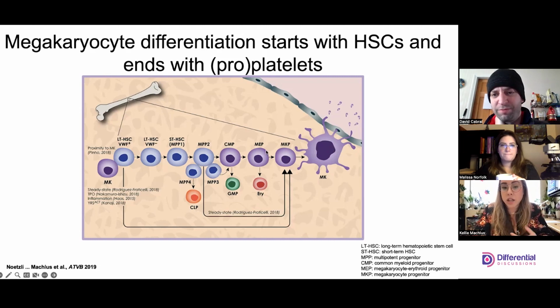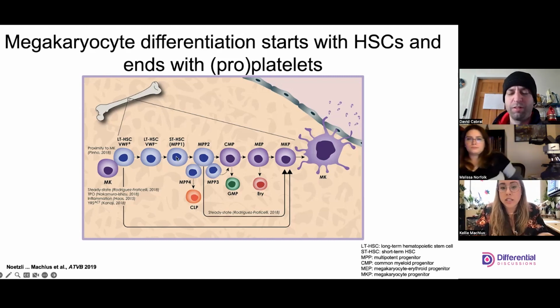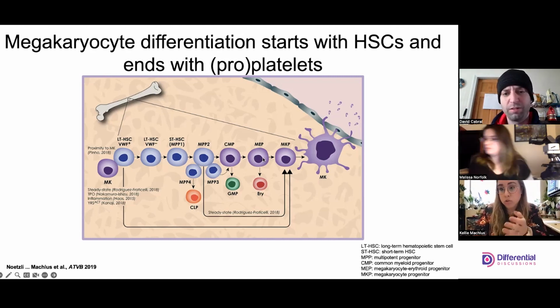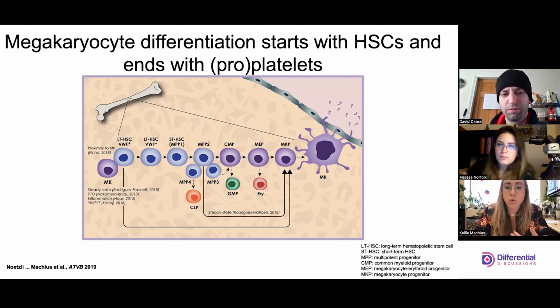So a lot of what we do is characterizing things on these lineages. A lot of hematologists look here, and these different cells will express different markers. So we can characterize where a cell is depending on these markers.